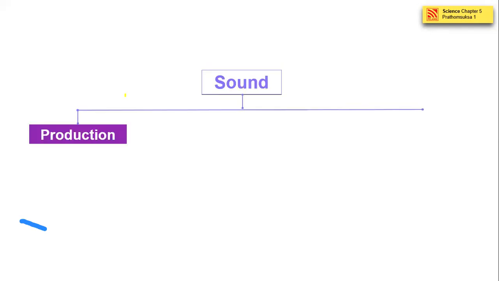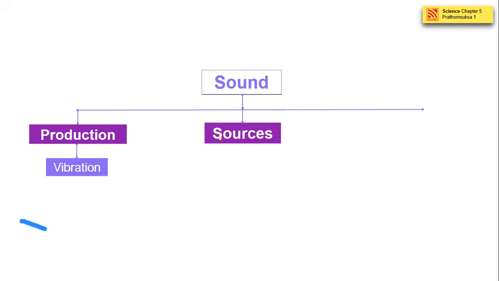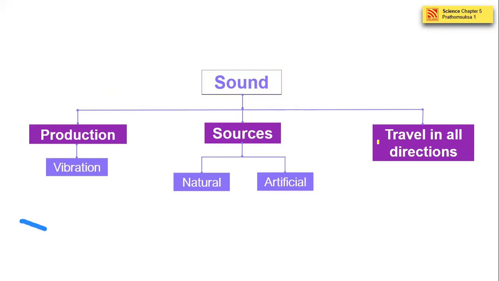Next time we do this, we might write this out. We'll make our mind map. We've got sound produced by vibration. Two sources of sound, natural and artificial, and it travels in all directions.